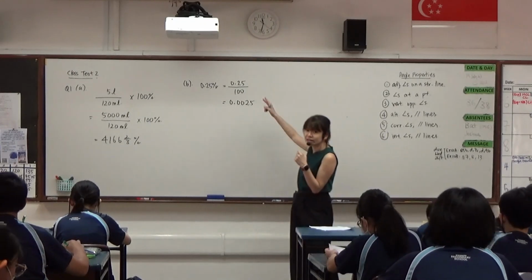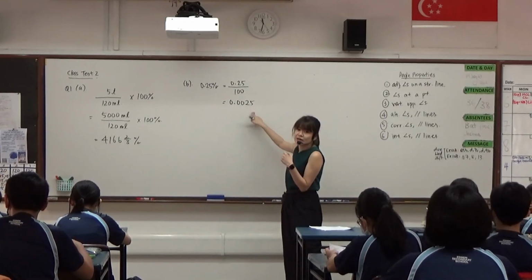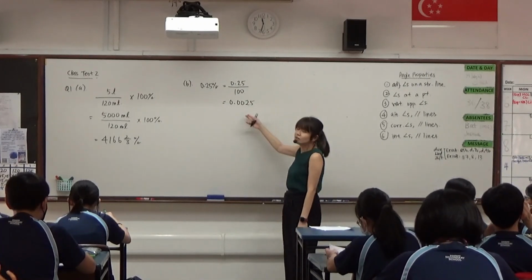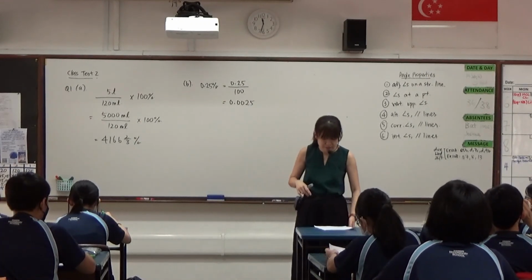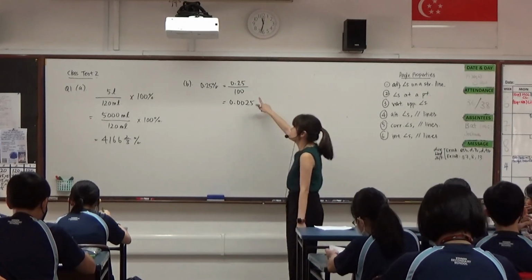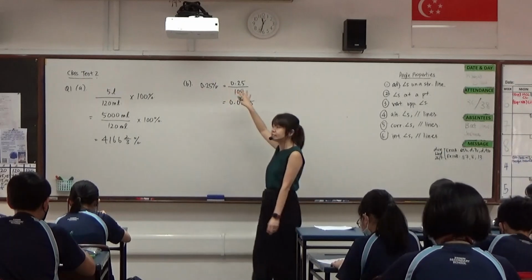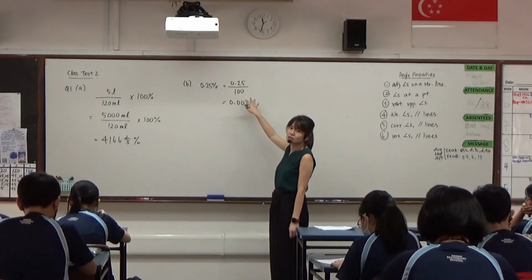You didn't do the working? Okay, but I'm just telling everyone that this is the working. Alright, I give you the mark. So this is the process in converting a percentage into a decimal or into a fraction.